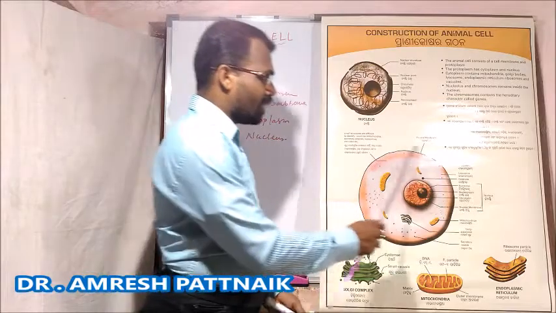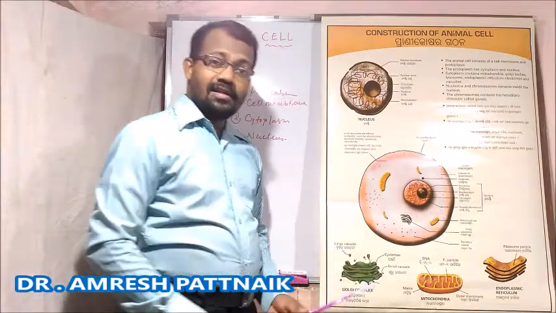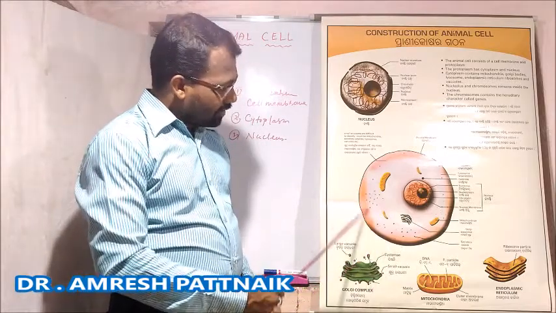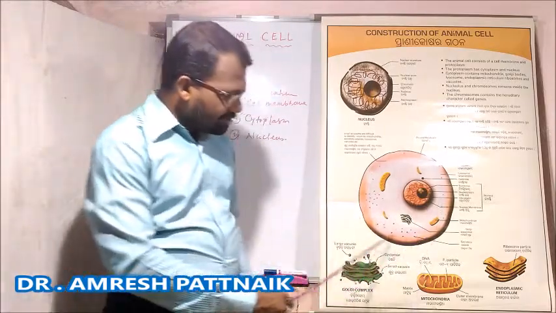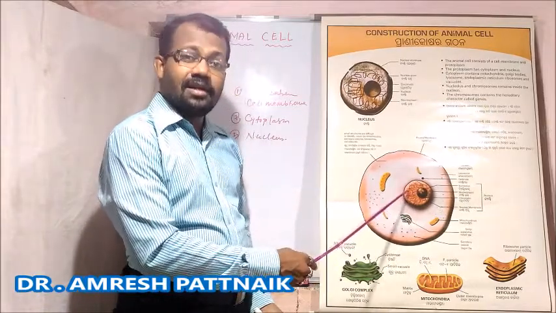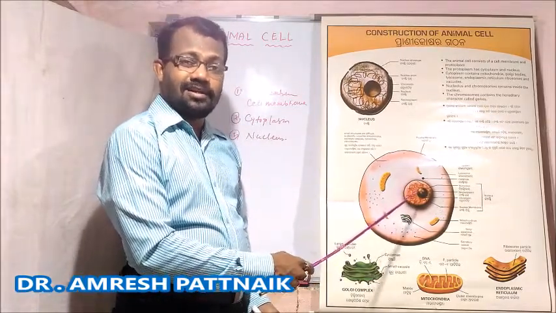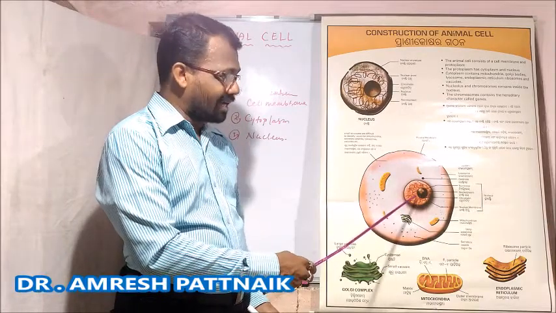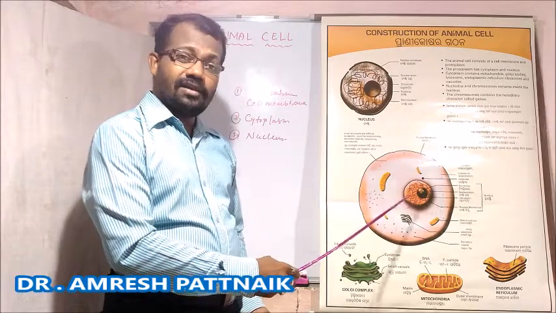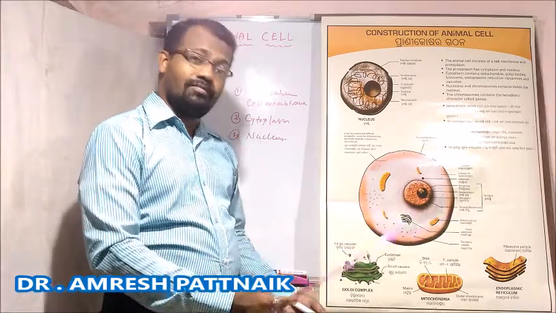What are they? This outer covering is known as cell membrane or plasma membrane. Inside you can see the spherical body. The spherical body is the nucleus, the centrally placed, dark-shaped spherical body, having the function of control and coordination of the total cell.